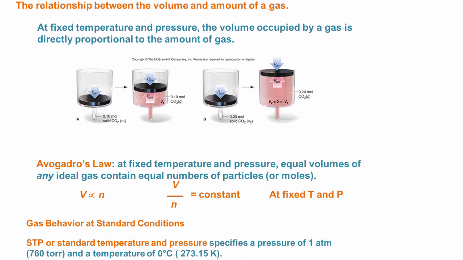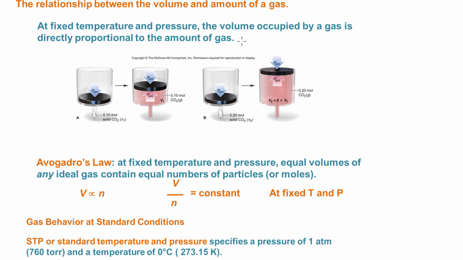And let's go ahead and look at the relationship between the volume and amount of gas. So at a fixed temperature and pressure, the volume occupied by a gas is going to be directly proportional to the amount of that gas.